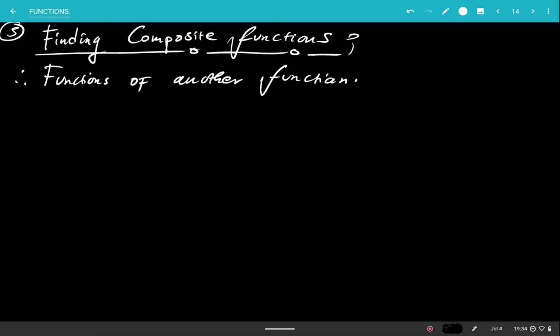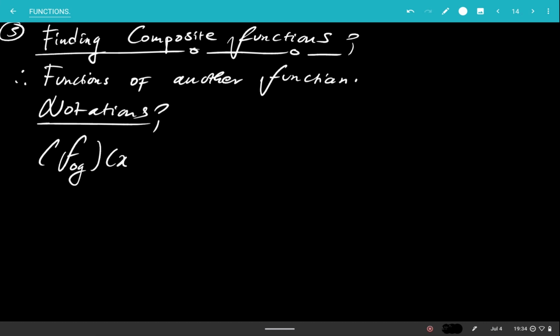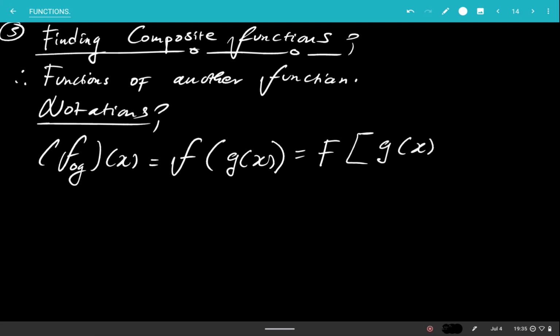That's what I mean. So for instance, you might come across notations like f o g of x. This simply means that you're looking for f of g of x, which can also be written as f of g of x, like that.